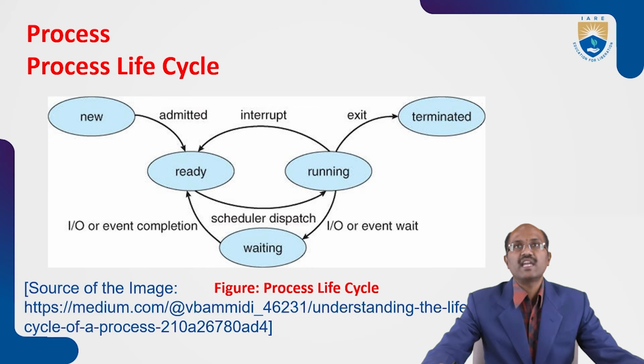When the scheduler dispatches it, it goes to the running state. Once the time interval is over, an interrupt occurs and it goes back to the ready state. In the running state, if any input output event occurs, the process goes to the waiting state. When that input output event completes, the process goes from the waiting state to the ready state. Again the scheduler dispatches it, and it goes to the running state. This is a loop between the running state, ready state and waiting state. When the process completes its execution, it goes to exit, then to the terminated state. This is the entire life cycle of the process.